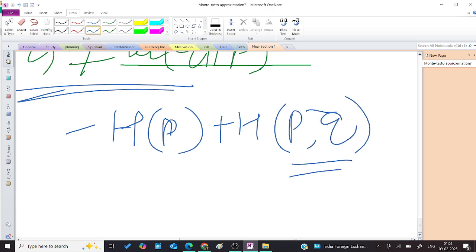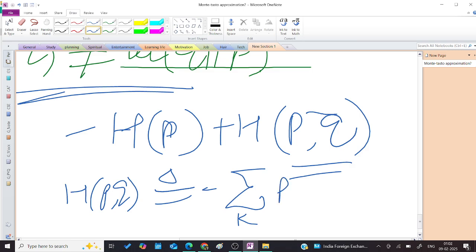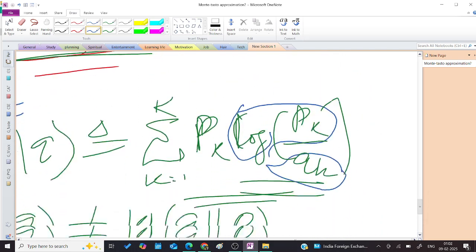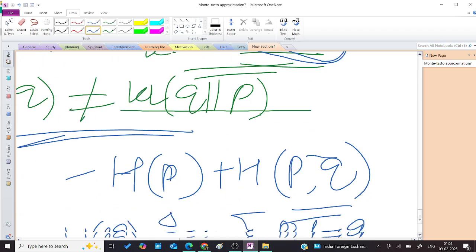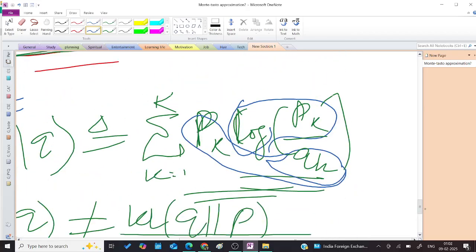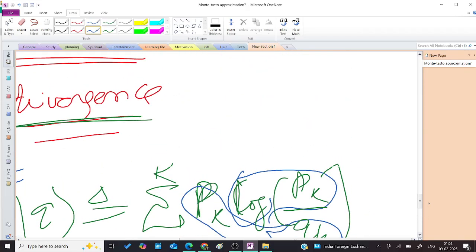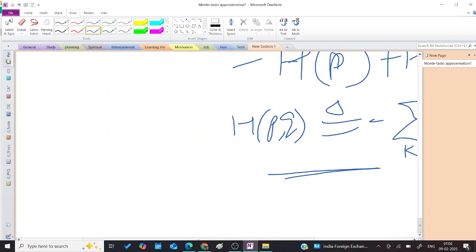This is cross entropy, given by H(p, q) equals minus the sum over all k of p_k log q_k. So if you open this, this term will be known as cross entropy. So this is the formula for knowing whether the two distributions are the same or not. You can use KL divergence.